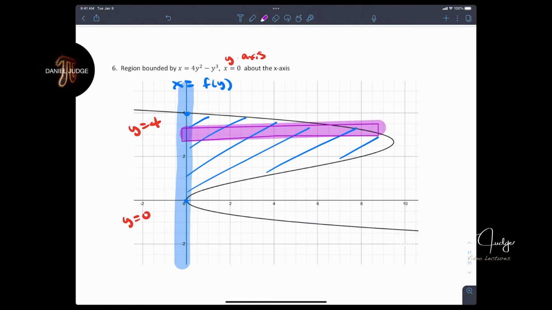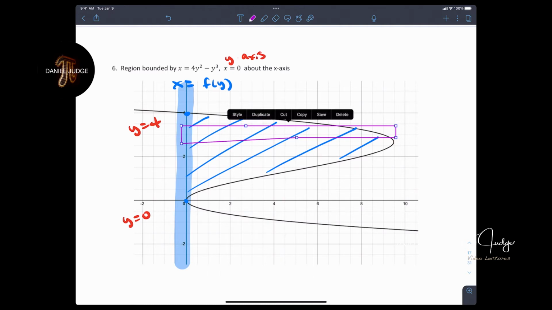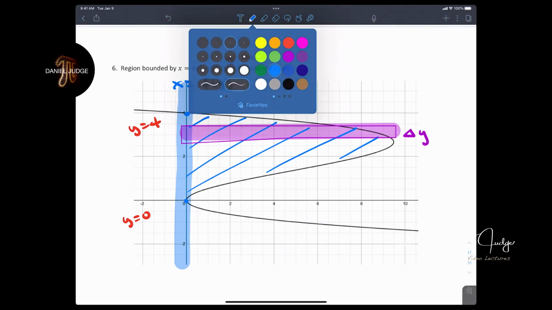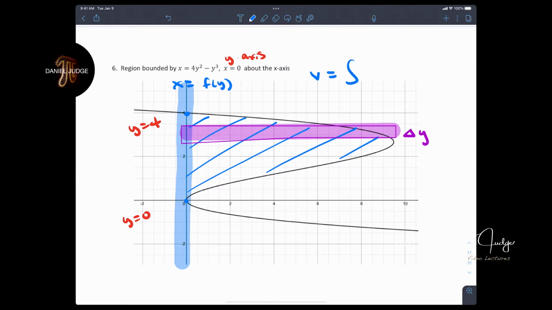So here's our approximating rectangle, and it doesn't look too much like a rectangle. So let's draw the approximating rectangle again, and that's going to be a vertical strip. There's your delta y. So again, volume integral 2 pi r h dy.